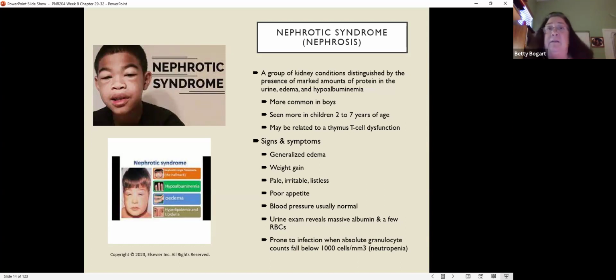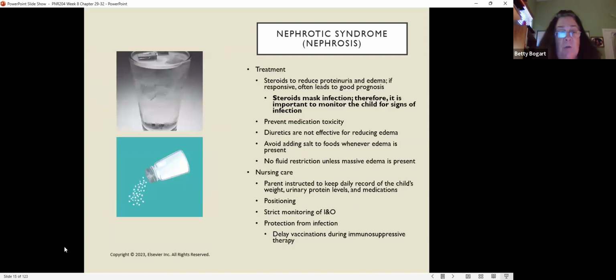In the urinalysis, we would see a lot of protein and maybe some red blood cells. And the other thing we have to be concerned about is these children are at risk for infection. So we need to make sure we wash their hands and we're keeping them as clean as we possibly can.